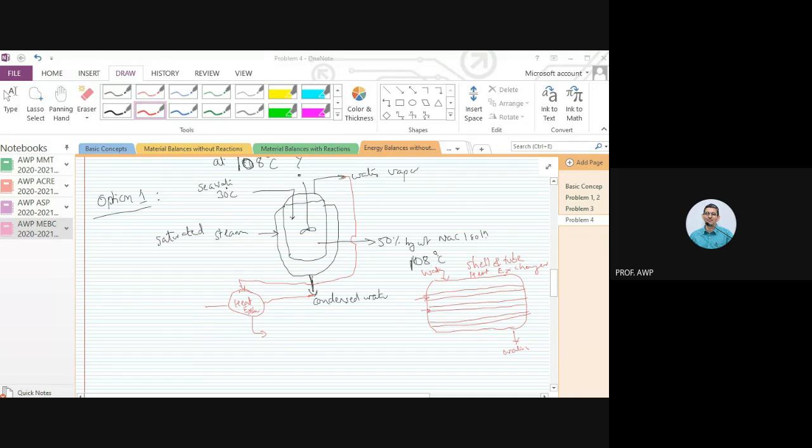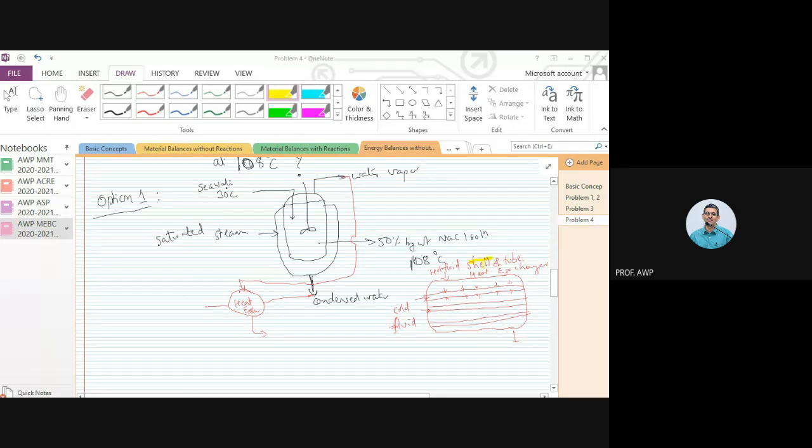So you have a hot fluid on the outside and a cold fluid going inside the tubes, and then heat gets transferred through the walls of the tubes. Can you visualize? Yes, sir. If you can't visualize, just Google shell and tube heat exchanger. How does a shell and tube heat exchanger work?